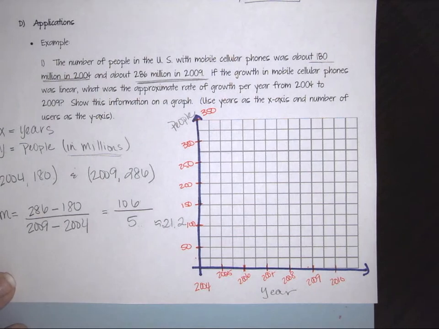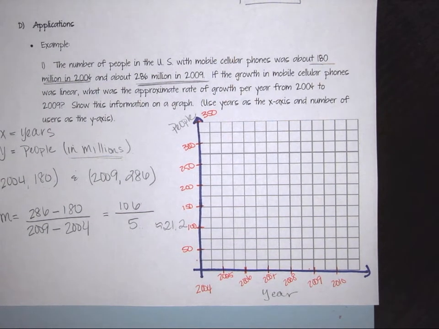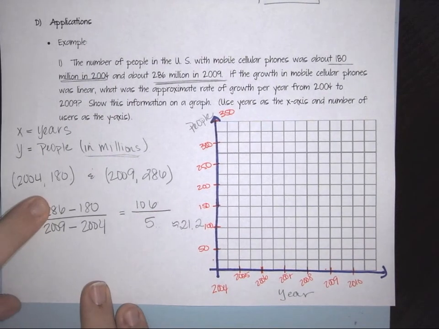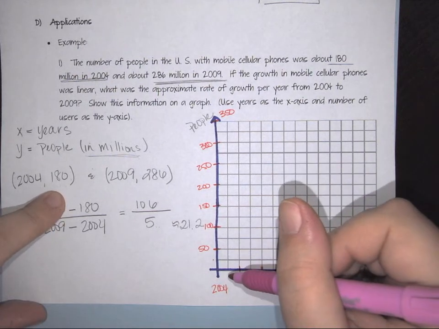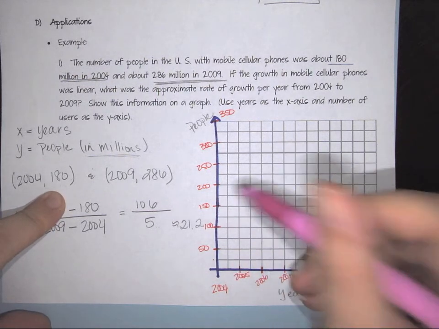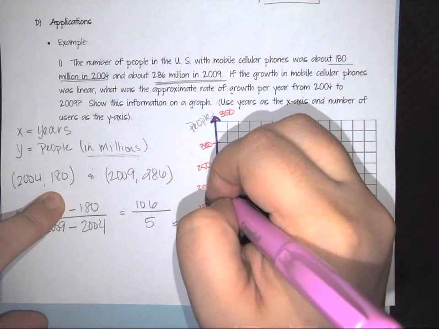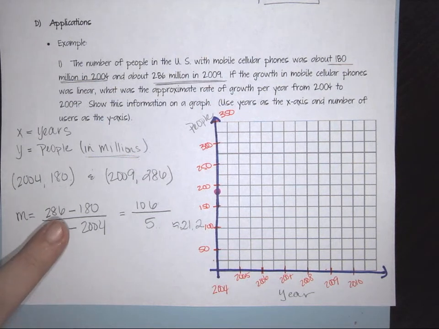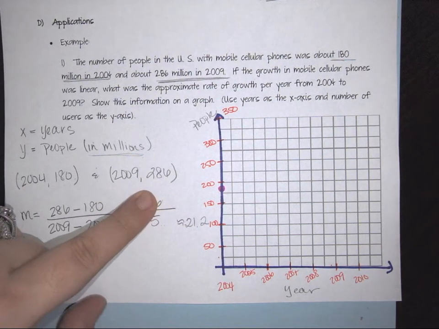So what we have to do is first graph the points that we have. So we have the point 2004 is 180. So this is 150, 175, so 180 might be right around there. We then need to do the second point.